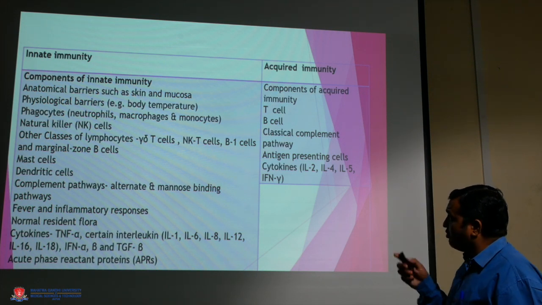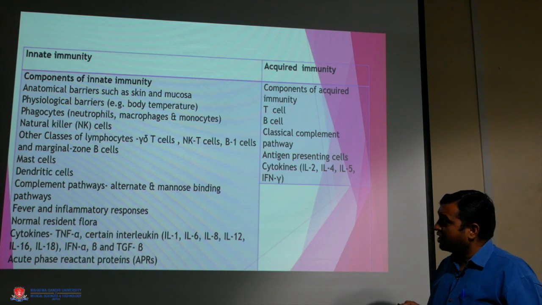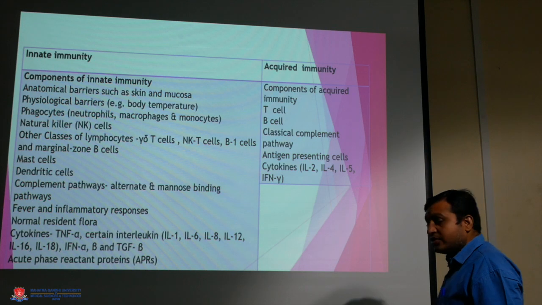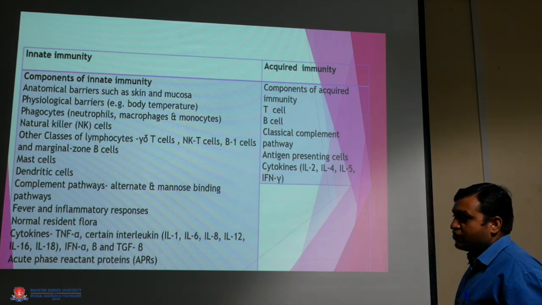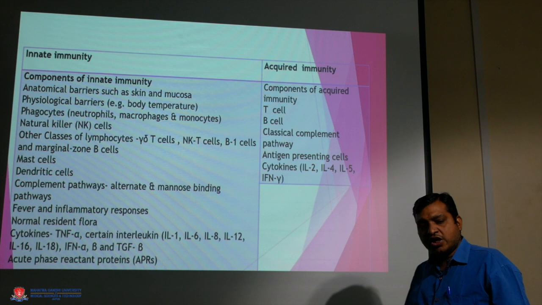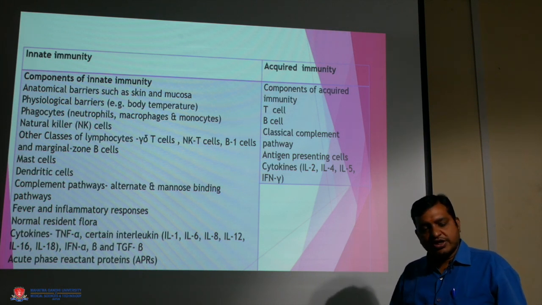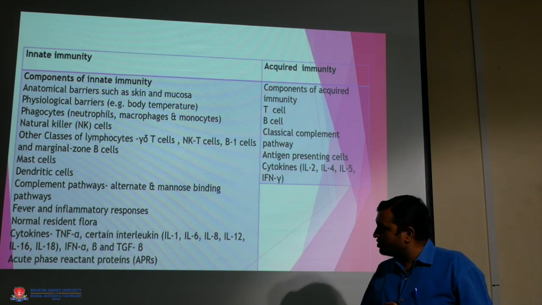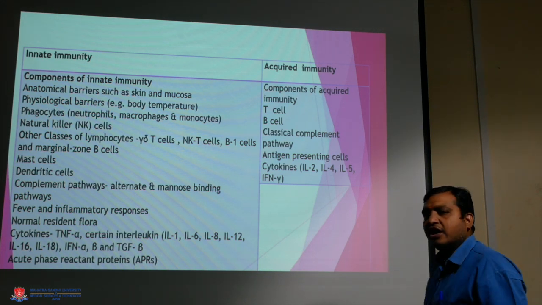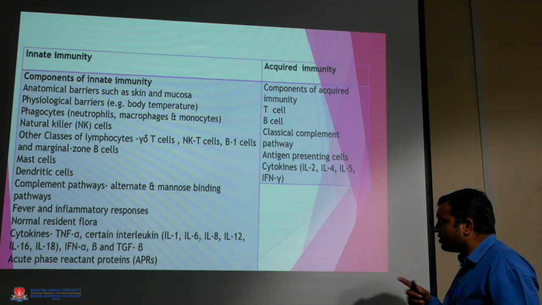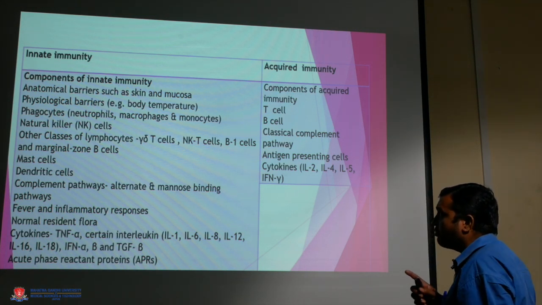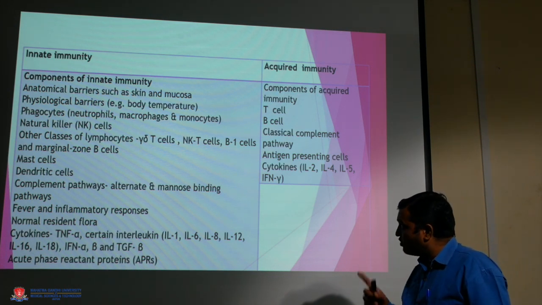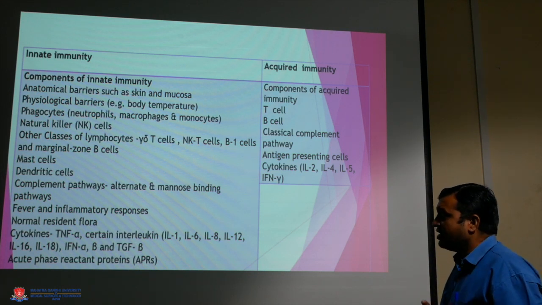Components of innate immunity: anatomical barriers such as skin and mucosa. In the skin, the sebaceous glands secrete sweat, which is of a highly acidic nature with salt, sodium chloride, and kills microorganisms. Physiological barriers: body temperature. Phagocytes: neutrophils, macrophages, monocytes.